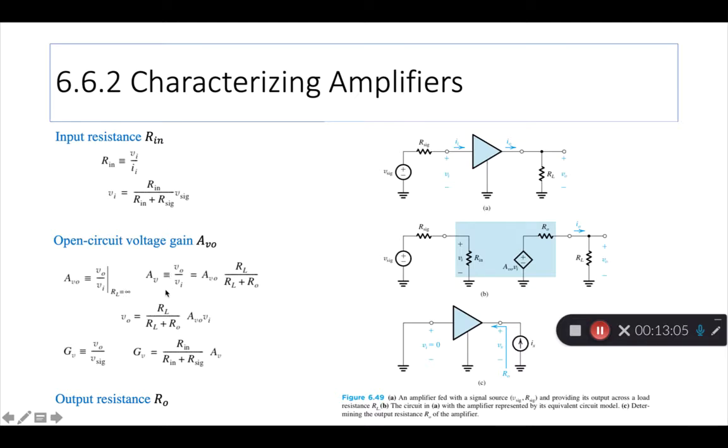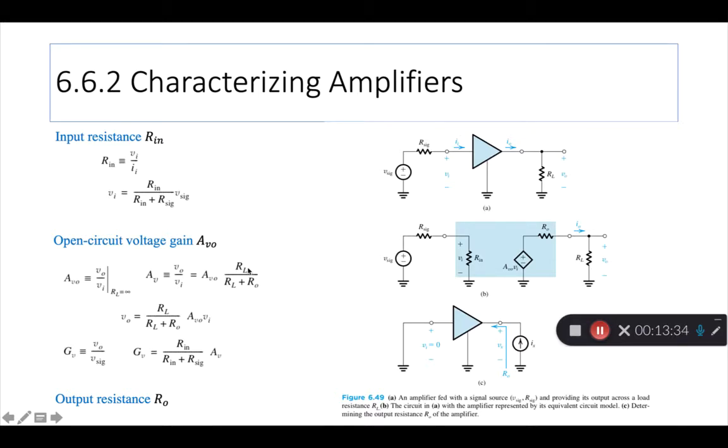Now there's another voltage gain that is defined, which is VO by VI with some load resistance RL, not infinity but actual value, and that can be written in this form. So the actual voltage gain consists of the open circuit voltage gain multiplied by a factor RL by RL plus RO.